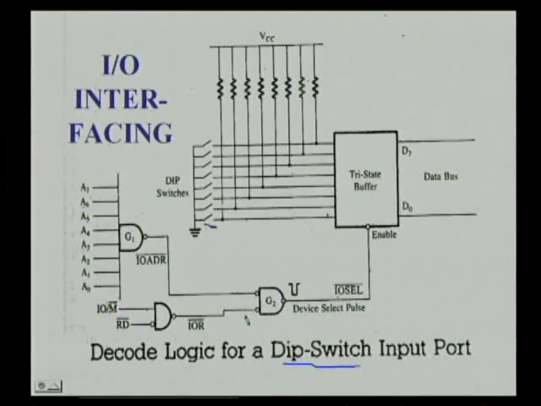That is, when these two pins go low, this IO select bar will go low, hence enabling the tri-state buffer. So, in this case, what will be the address of this IO device? You see, A0 to A7, all of them must be high, that is FF. Then only this NAND gate output will become 0. So, this particular input device address is FFH.